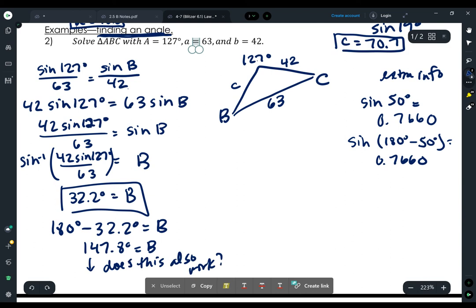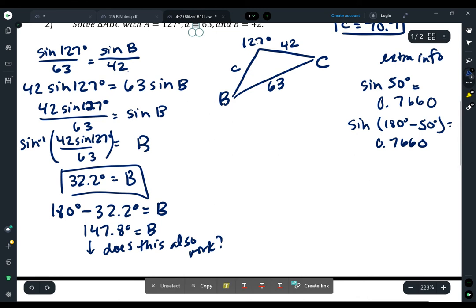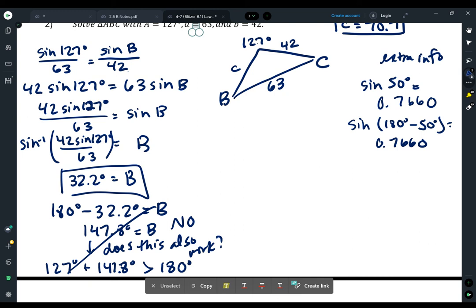So my issue is that my angle A is already 127. So 127 plus 147.8 degrees is greater than 180. So no. That means I only have one angle answer in this one, 32.2 degrees.